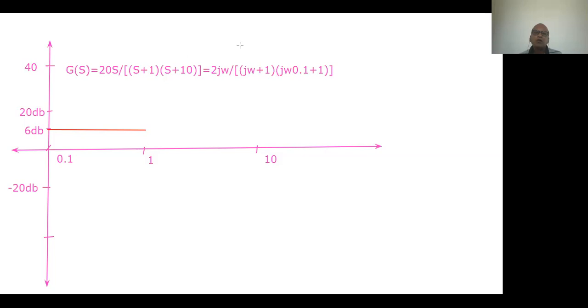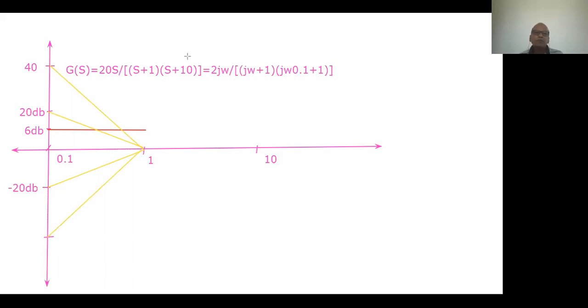Then how to draw this slope? Again, we will draw a faint line, already drawn in the example Bode plot, that is minus 20, plus 20, minus 40, plus 40. Okay.